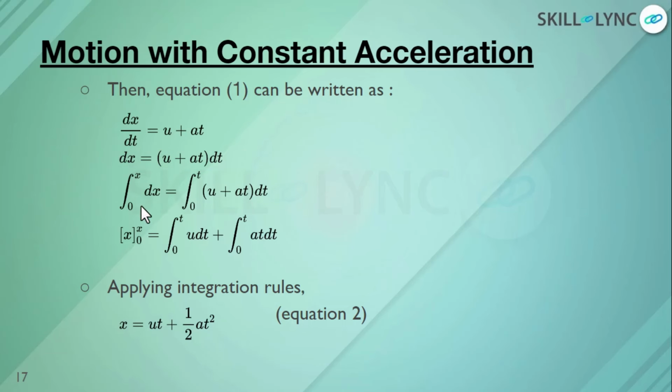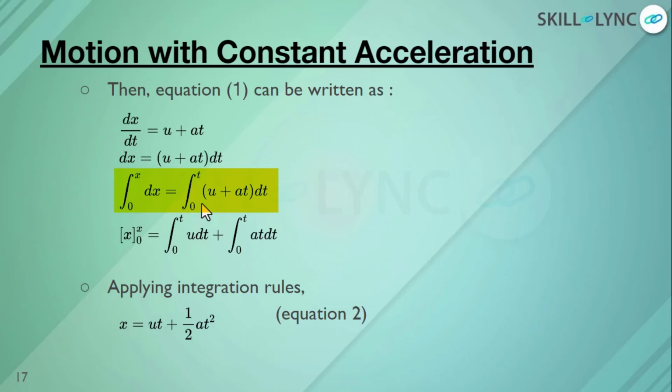As we know that the distance traveled was from point 0 to x, thus dx would be integrated from lower limit 0 to upper limit x. And the RHS of the equation, u plus at dt, would be integrated from 0 to t, because at time t is equal to 0, the body was at rest and at point 0.